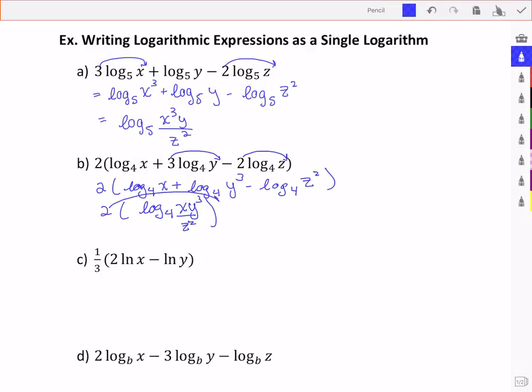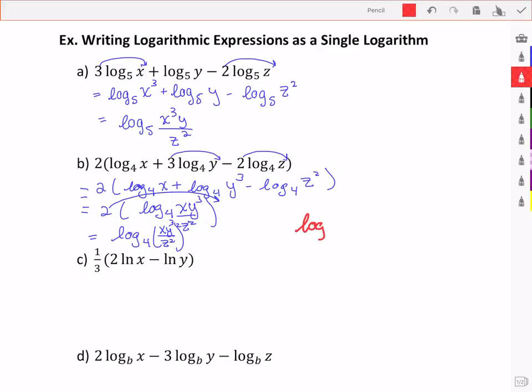And then finally I'm going to take my 2 and move it. So I've got log base 4 of x y cubed over z squared, all squared.